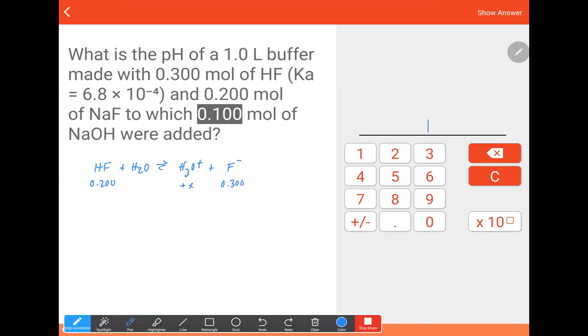This is after my adjustment one, where it reacts with OH minus. I'm at this, now I could say I'm going to subtract X. Oops, sorry, this is a 0. I'm going to plus X. Then I'm going to set that equal to Ka.